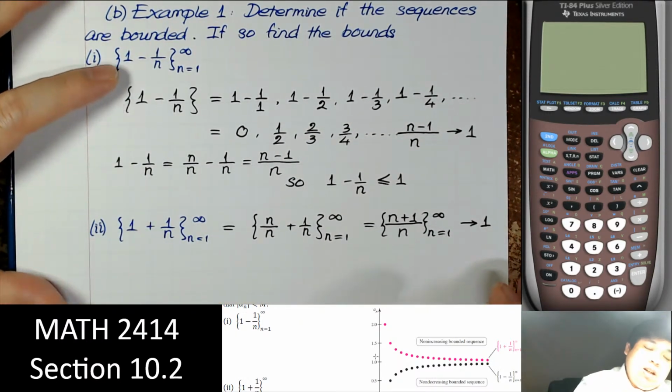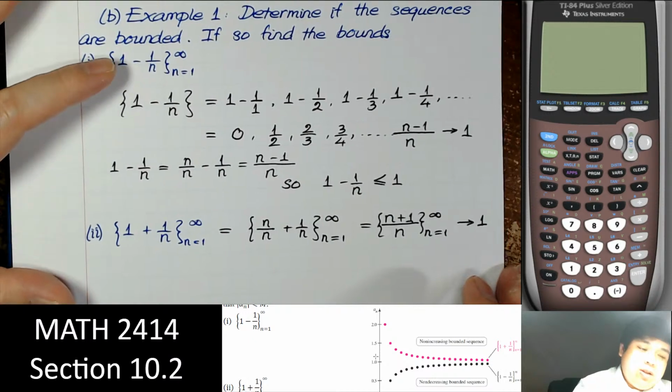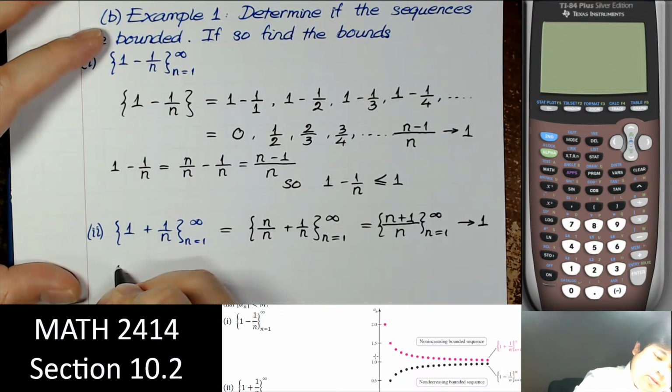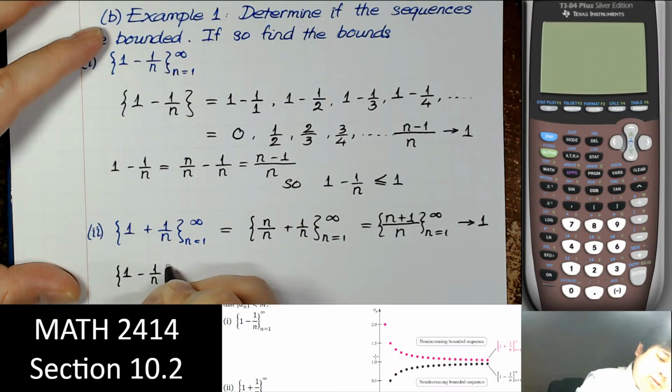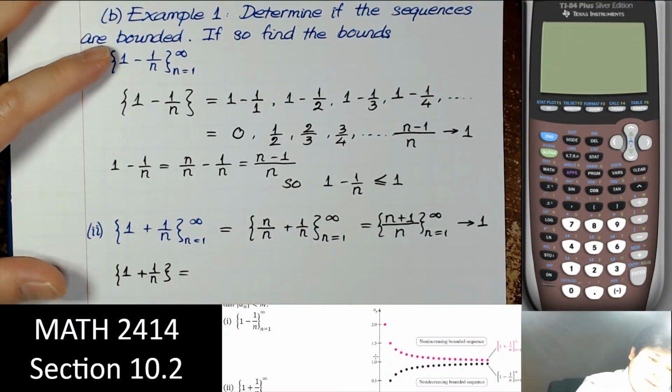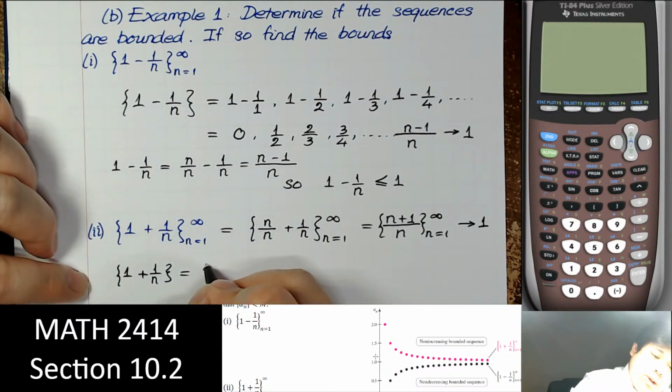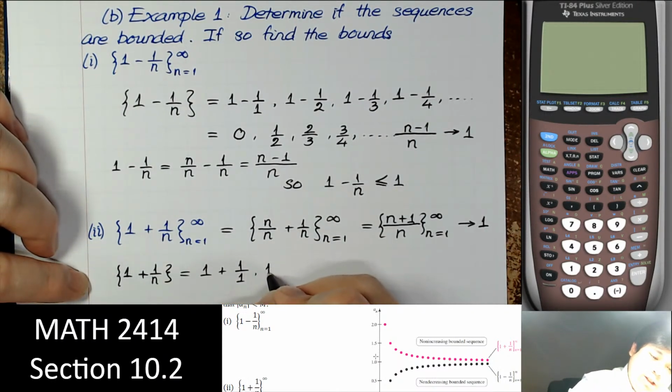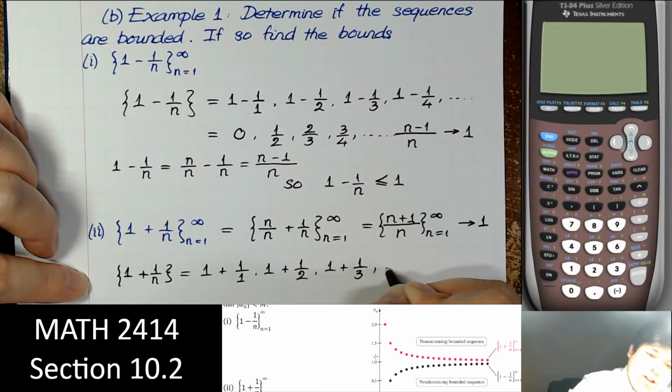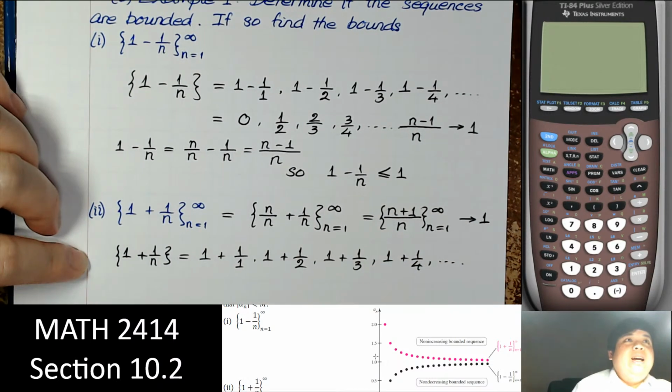Let's write out the sequence. 1 plus 1 over 1, 1 plus 1 over 2, 1 plus 1 over 3, 1 plus 1 over 4, and so on.